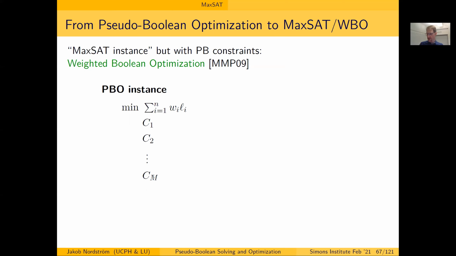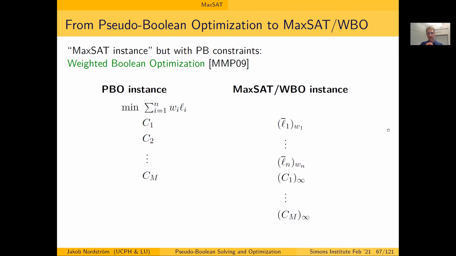To translate this into MaxSat, we take all the literals in the objective function, negate them, and make them into soft unit clauses with weight equal to the coefficient. And then all the original constraints in the pseudo-Boolean instance turn into hard constraints with infinite weight.